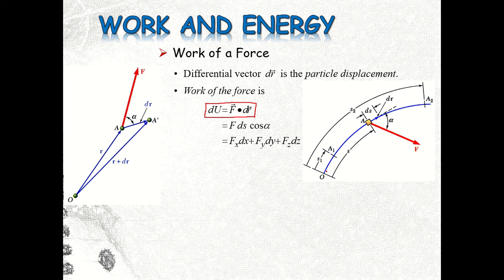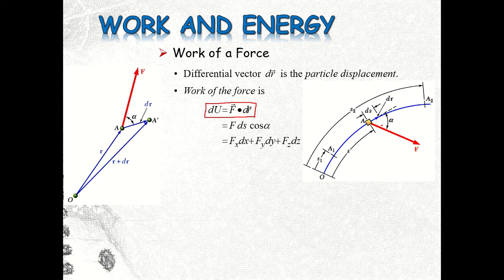With reference to this fixed point, this is our S sub 2, the new position of our particle. And from this position to that position, we have what we call ds, the differential displacement.